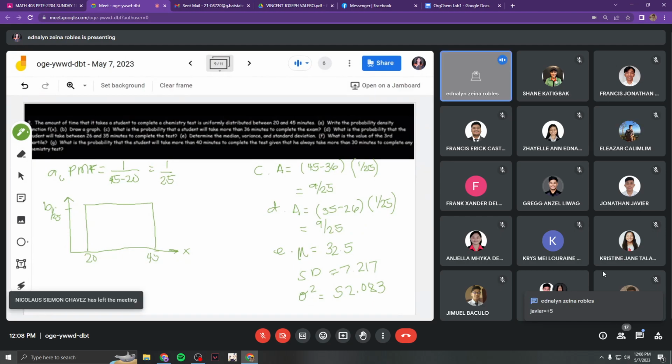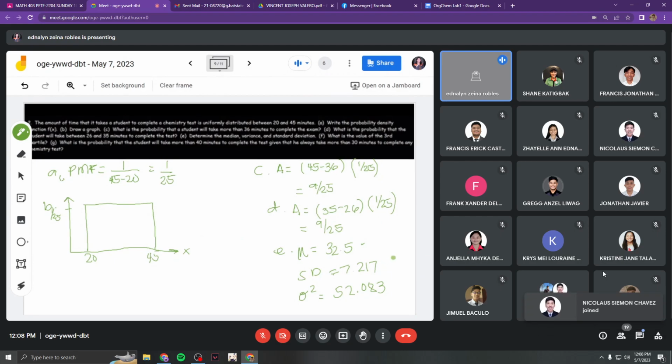Okay, so the question is, what is the mean, the standard deviation, and the variance? So mean is the average. So 45 plus 20 is 65, divided by 2, which is 32.5. We arrive at this answer. For the standard deviation, we have the formula b minus a all over the square root of 12.